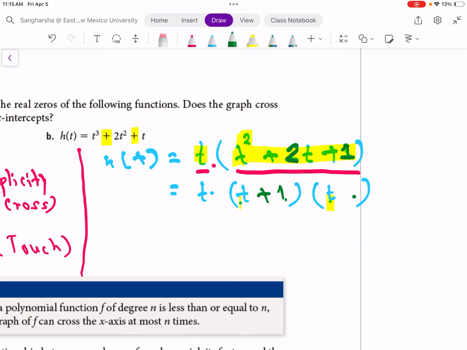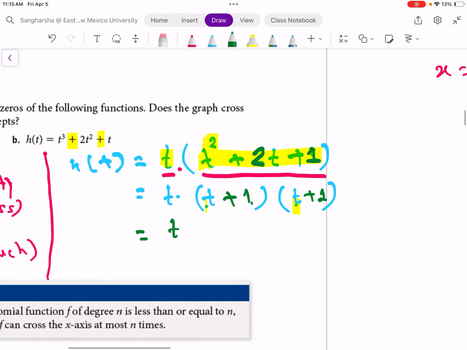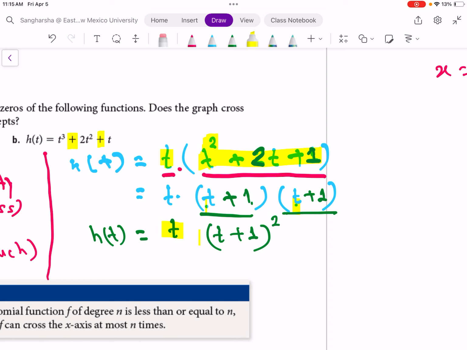Now we can rewrite this as t plus 1, 2 times. So this is (t plus 1) squared, right? Now our function h(t) is in factor form. See, we have t times (t plus 1) squared. So that's what we want in order to find the multiplicity.